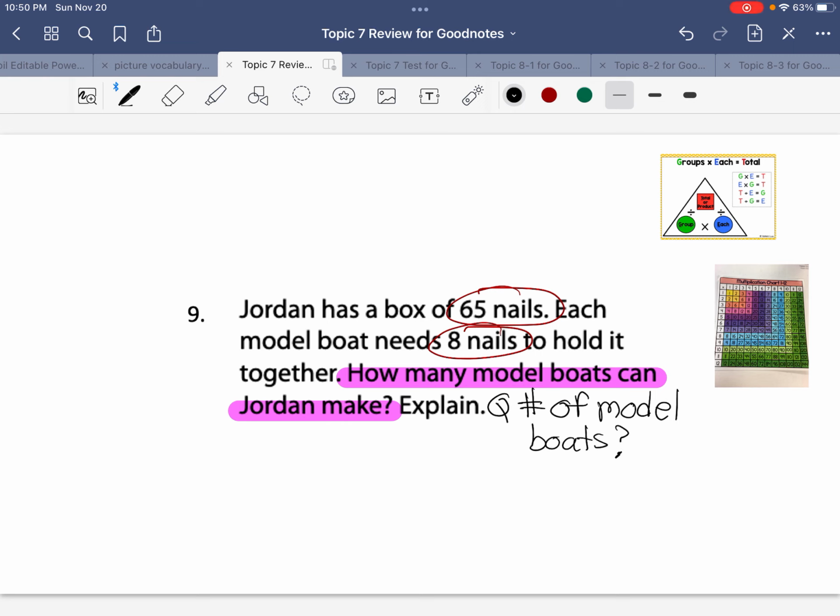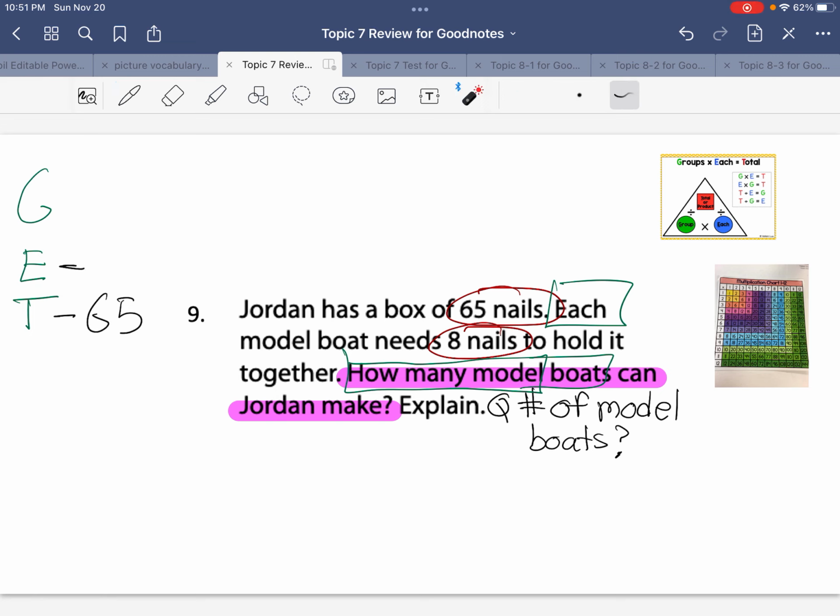Okay, box in my keywords, each, how many model boats. I'm going to do my get, groups, each, total. My total is going to be 65. My each, if I read my problem carefully, each model boat needs 8 nails. So I do know my each this time, it's 8.